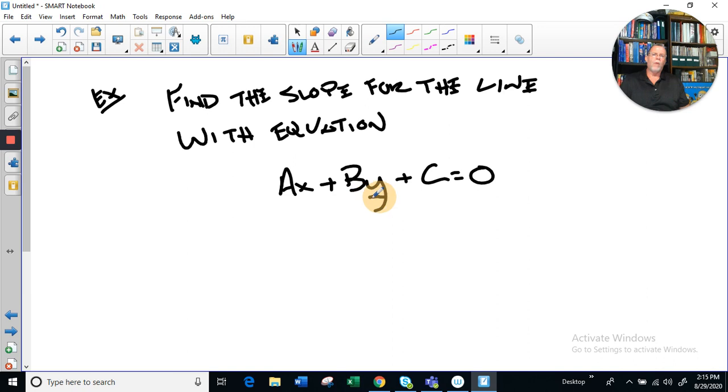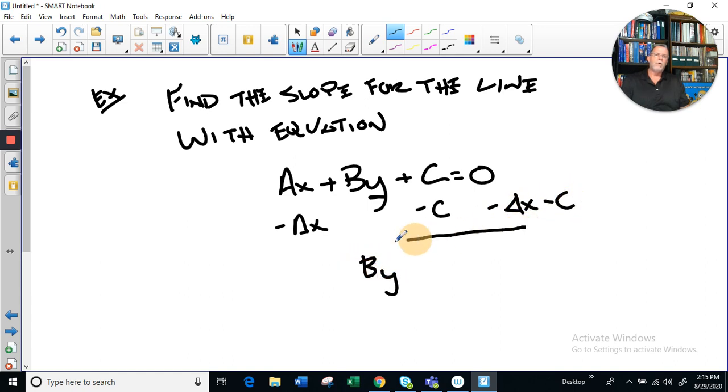Let's get y by itself. So I'm going to subtract ax, and I'm going to subtract c from both sides. And I would get by equals negative ax minus c. Sorry, I got distracted by my own writing.